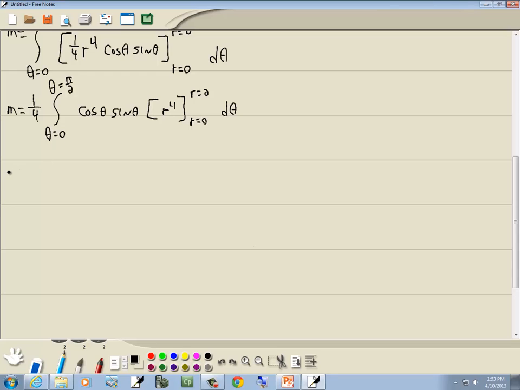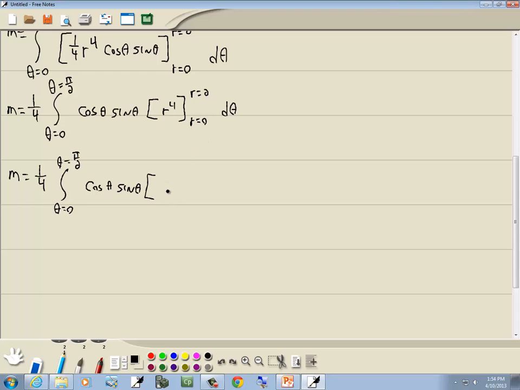Okay, so we got m is equal to 1/4, theta from 0 to pi over 2, and then we got our cosine theta, sine theta. And we'll plug these in.